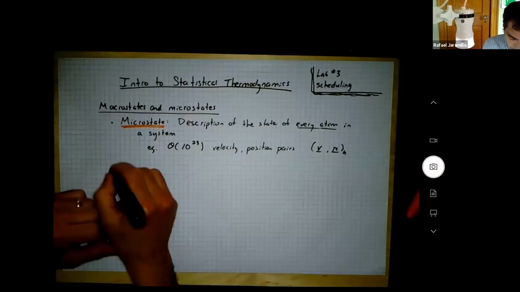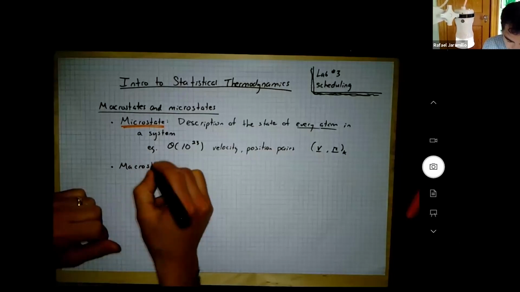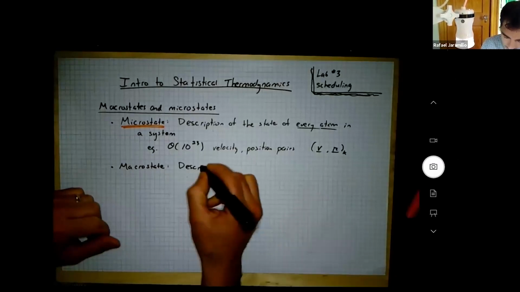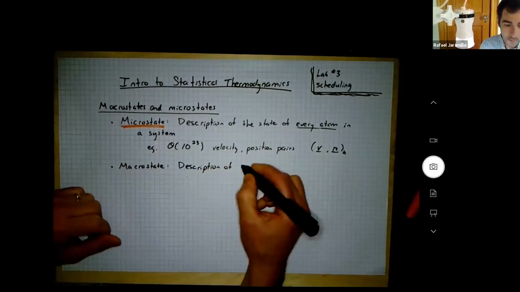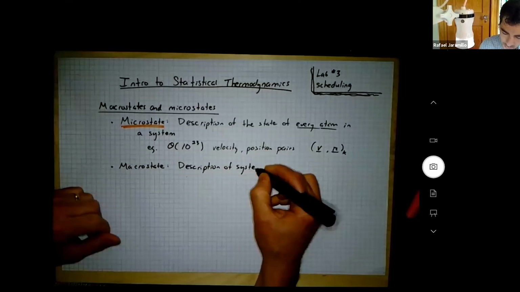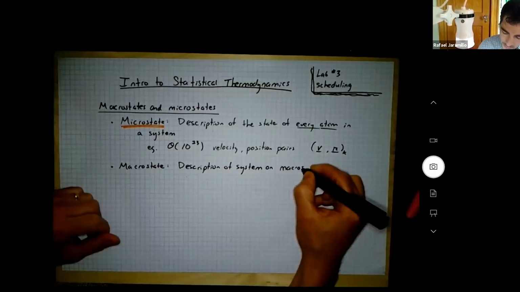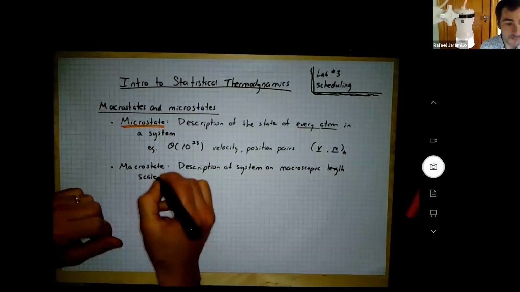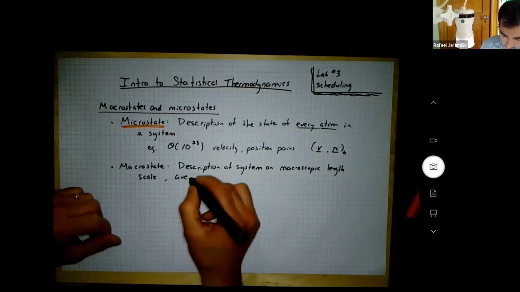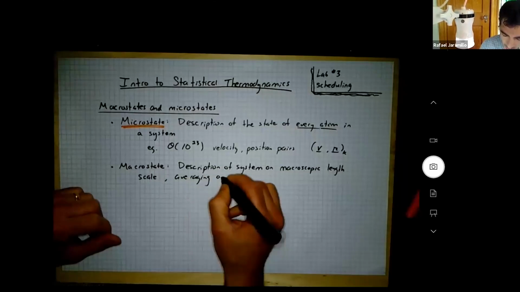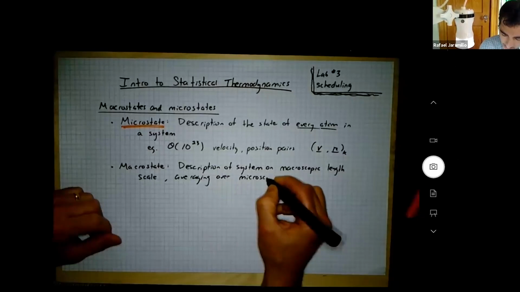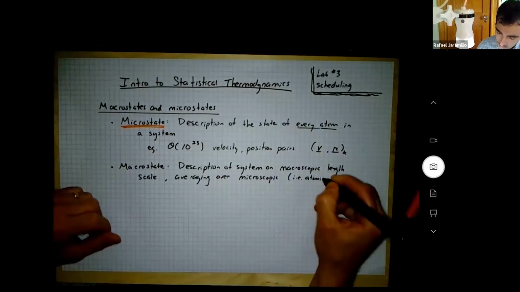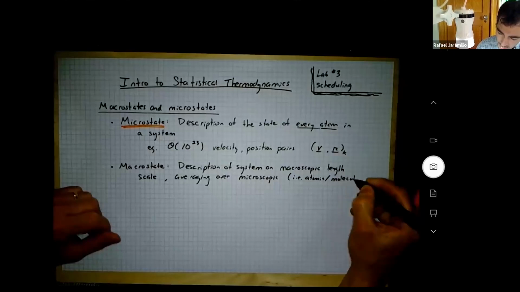Okay, a macrostate is a description of a system on a macroscopic length scale, averaging over microscopic, and by microscopic, I mean atomic or molecular processes.